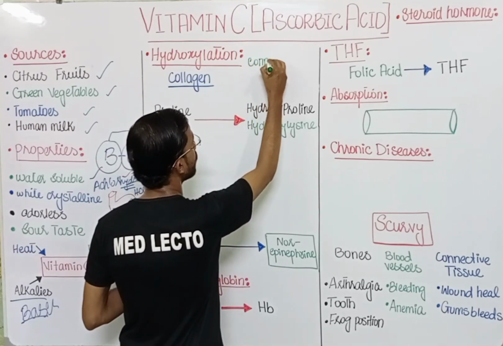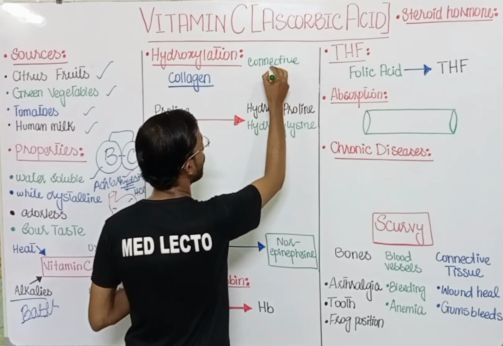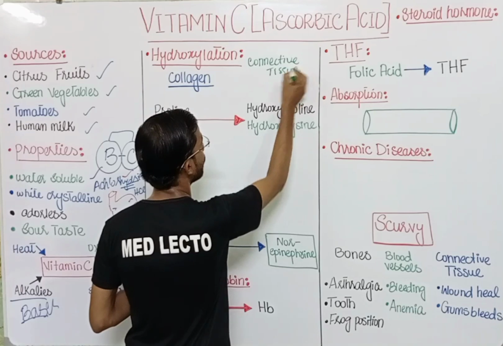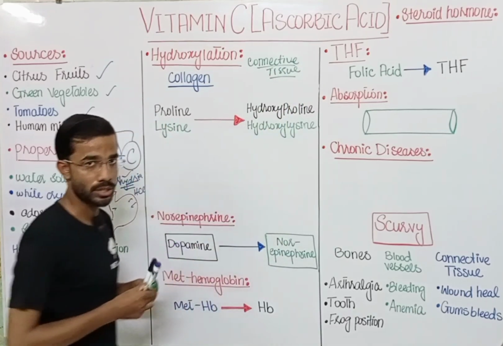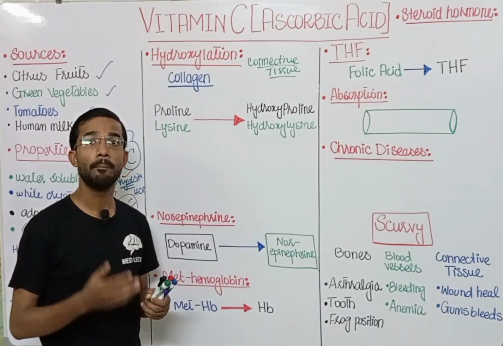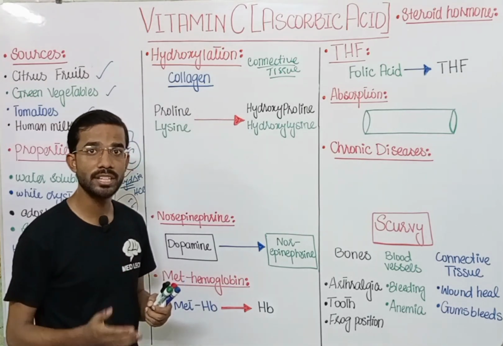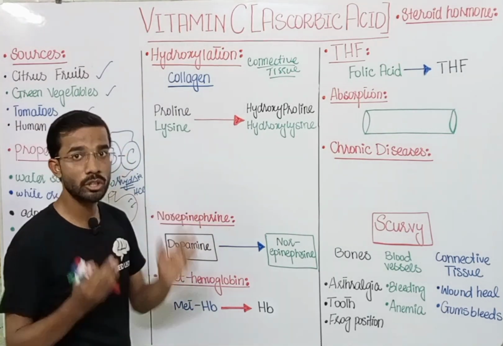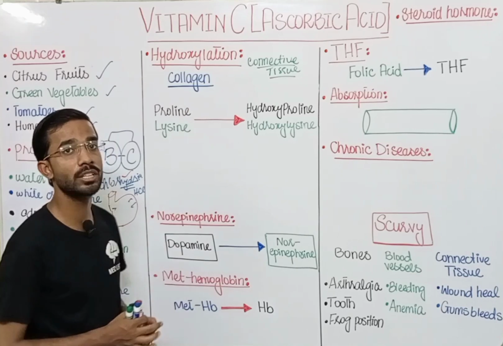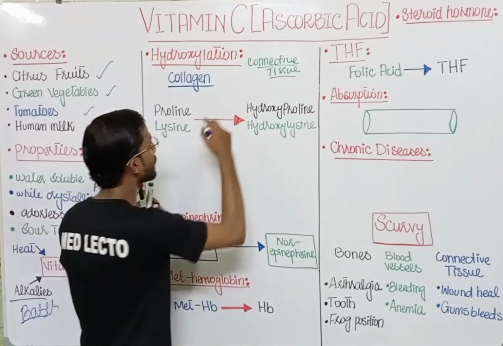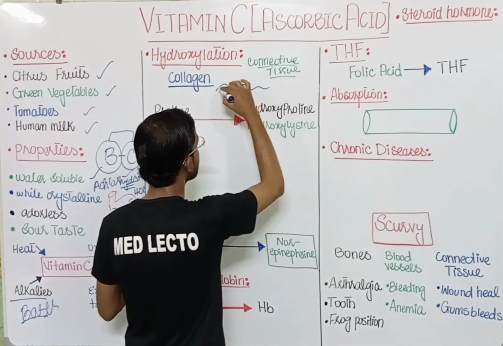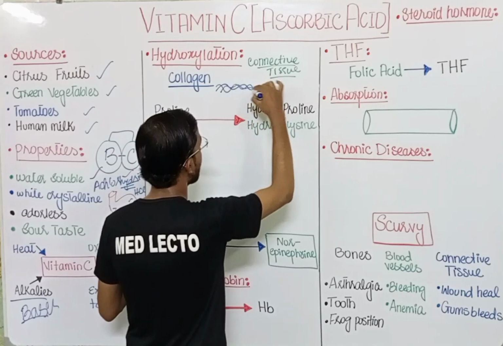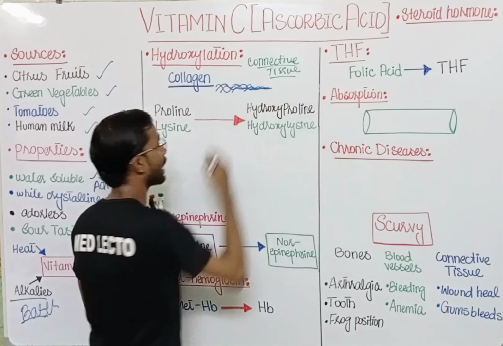Connective tissue has a lot of collagen, like bones, blood, and cartilage, and different tendons. These are basically the connective tissue. Collagens are fibrous proteins that are present in the connective tissue.